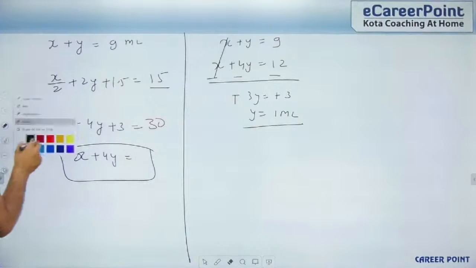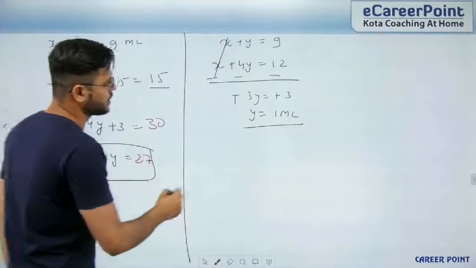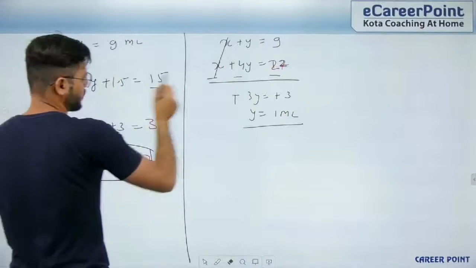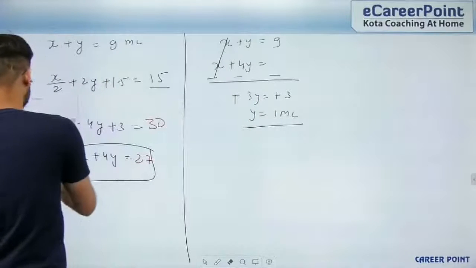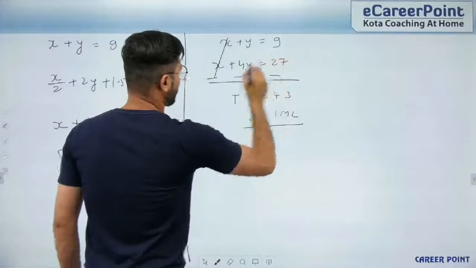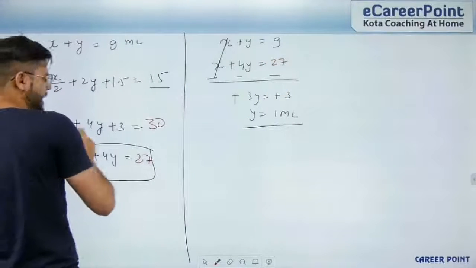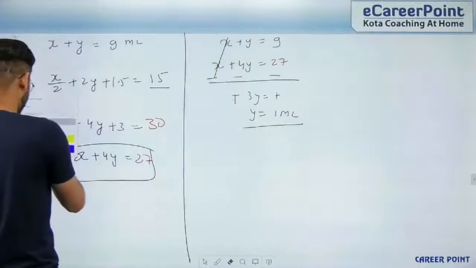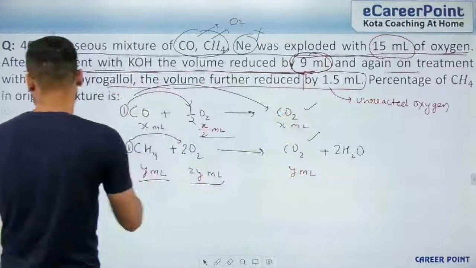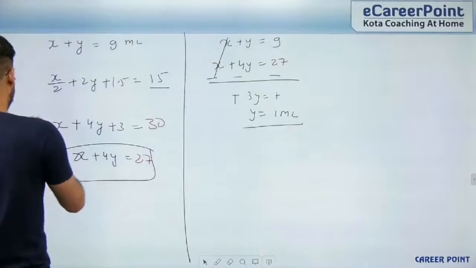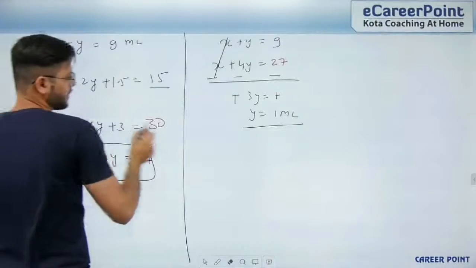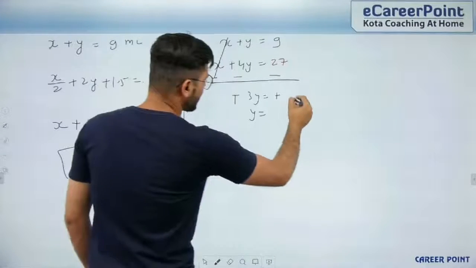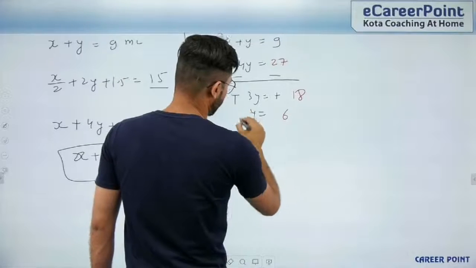So it will be 27. Okay, let me do it for all of you. 27 minus 9, it will be 18. So it will be now 6 ml.